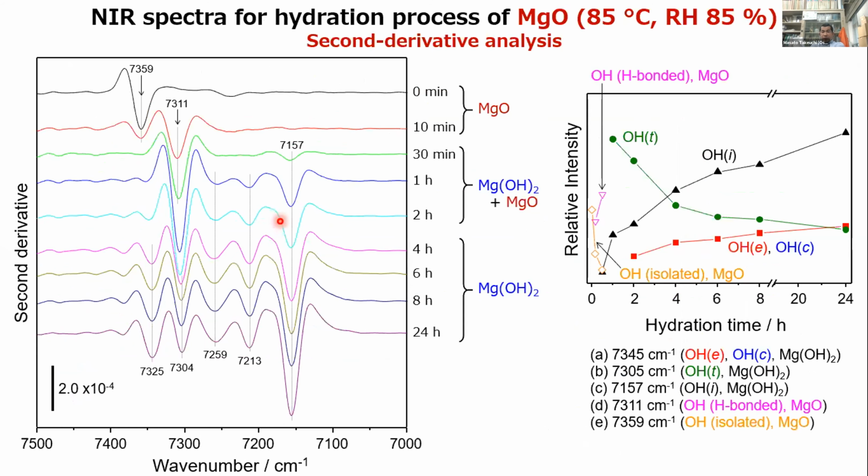And this is the second derivative spectra during the hydration process of magnesium oxide. In the formation of magnesium hydroxide during the hydration process, each component due to the magnesium hydroxide did not shift toward the lower wave number regions.